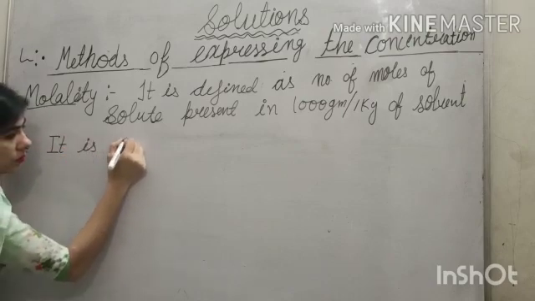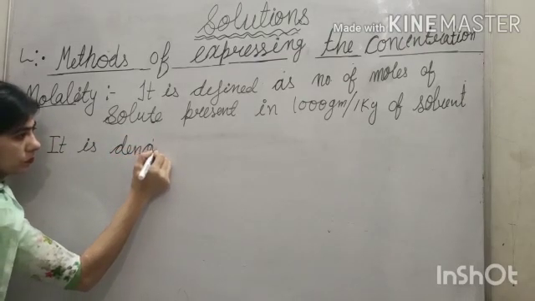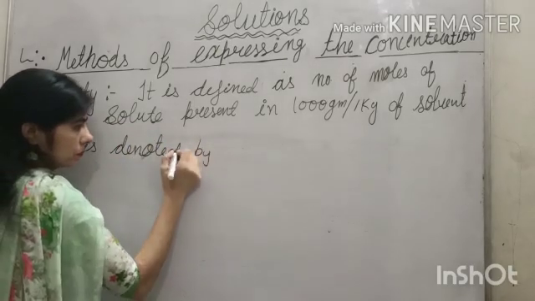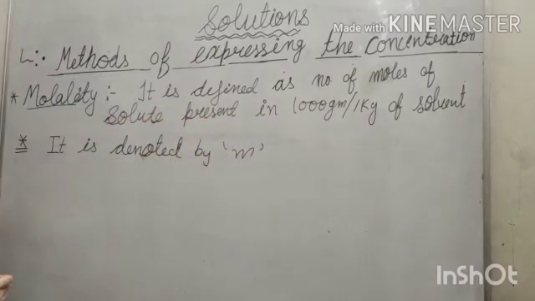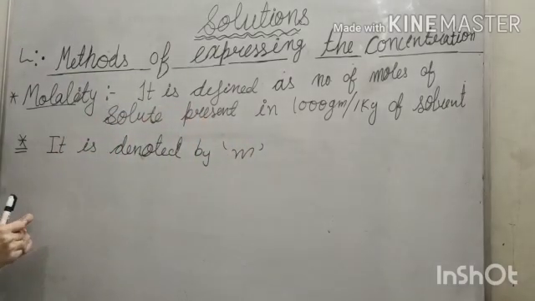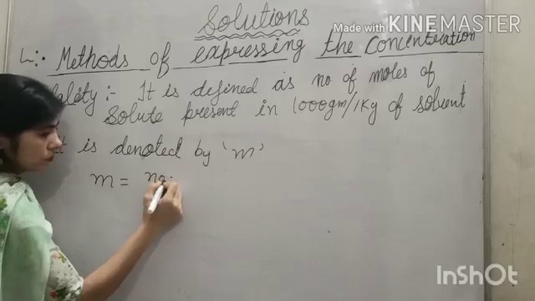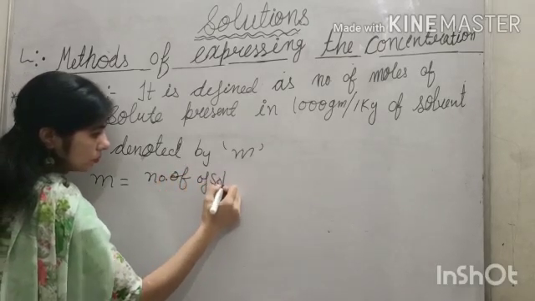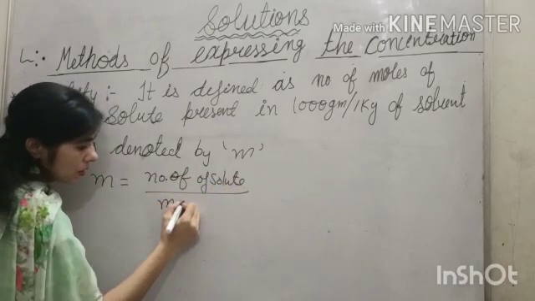And mathematically, according to the definition, molality is equal to the number of moles of solute divided by the mass of the solvent.